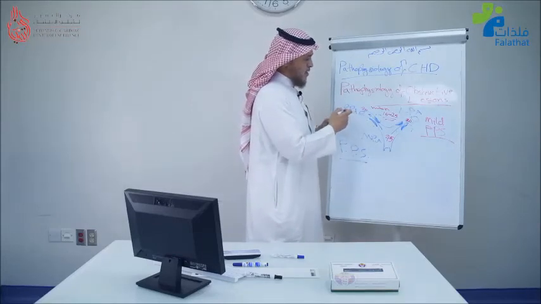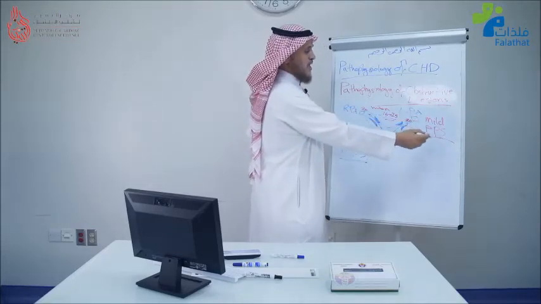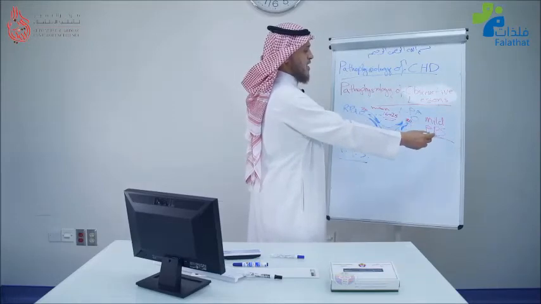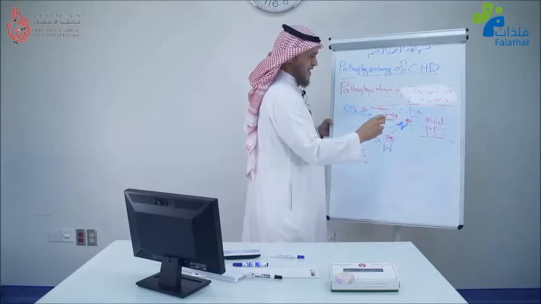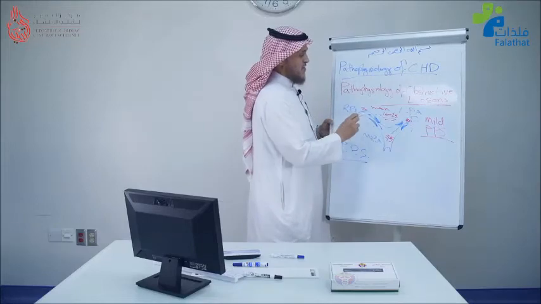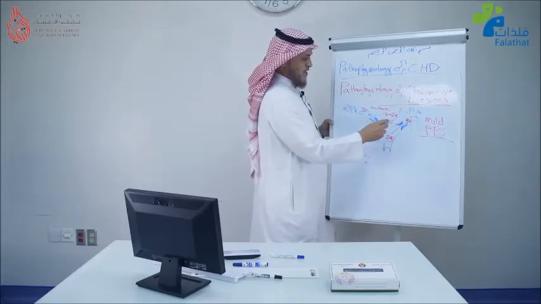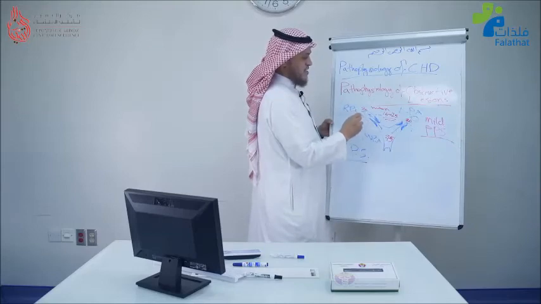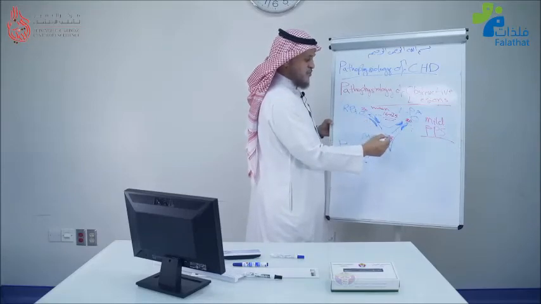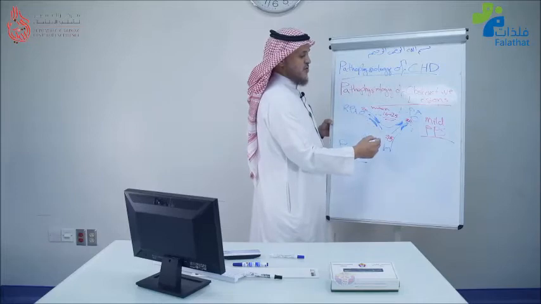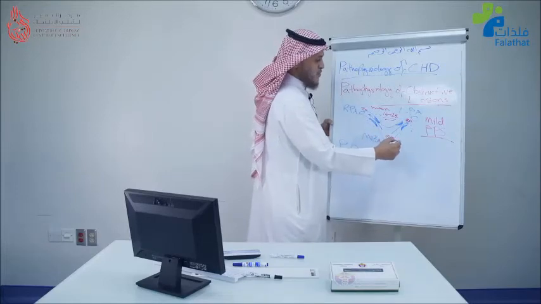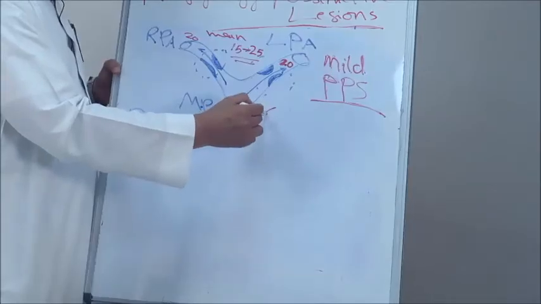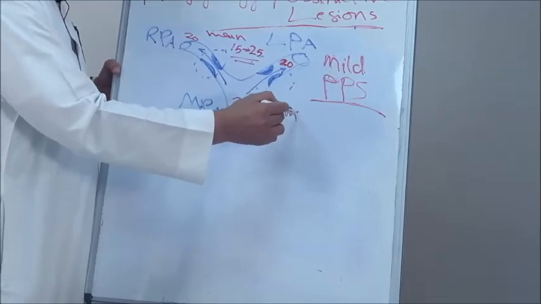Pathological PPS, when it's mild, does not cause any hemodynamic effect if it is unilateral, but if it is bilateral, let's say we have a gradient here of like 25 and another gradient here of 25, this pressure may not remain 45. It may go up to 60 millimeter mercury.